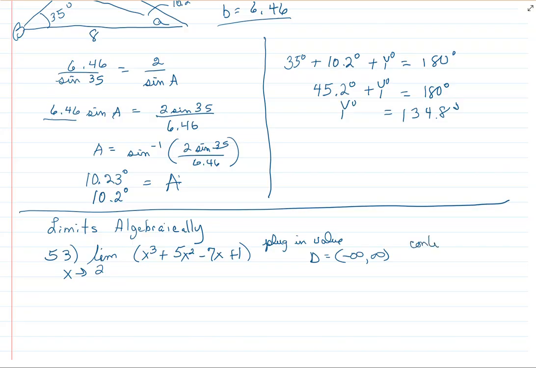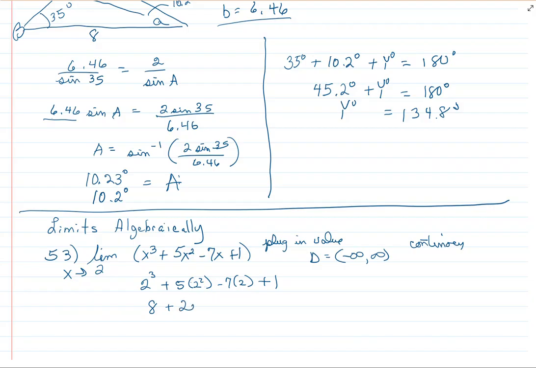So we're going to have 2 cubed plus 5 times 2 squared minus 7 times the 2 plus the 1. This is 8, and this is 20, and this is negative 14 and 1.